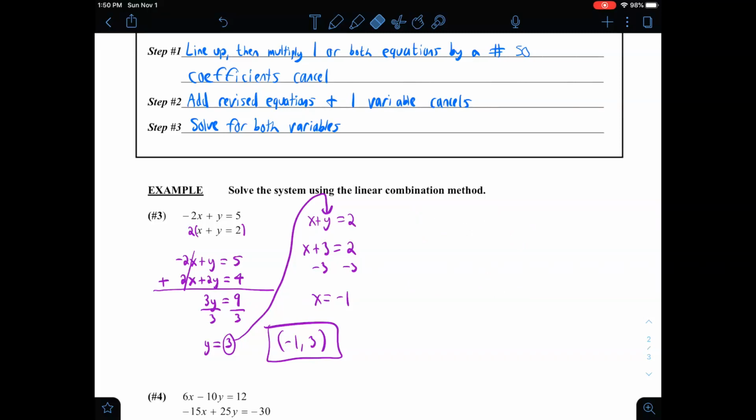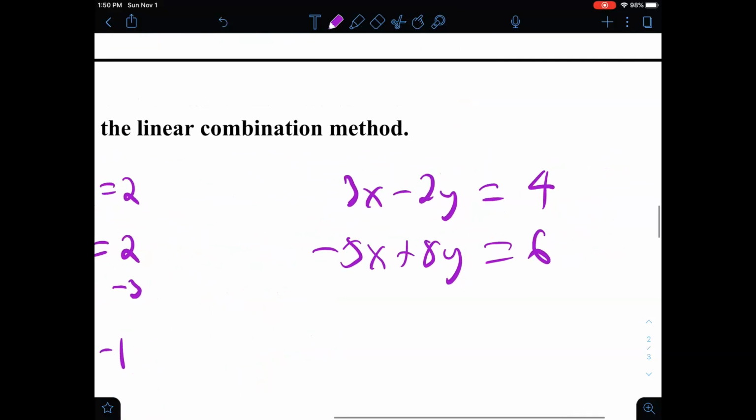But if you struggle with that, an easy way to get opposites is to just multiply by the opposite number. So for example, if you had 3x minus 2y equals 4, and negative 5x plus 8y equals 6. Okay, so an easy way is to multiply by the opposite number. Let's get rid of the x's here.